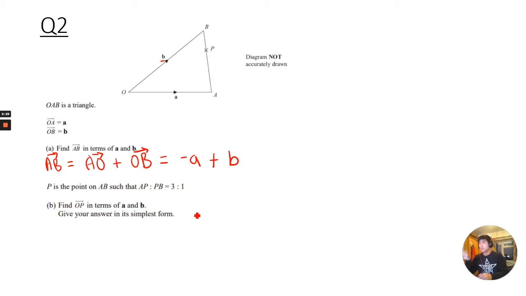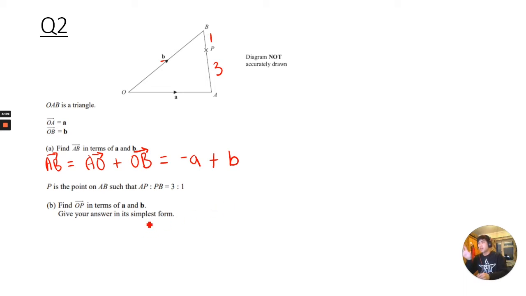Okay, so the next part says P is on the line AB such that AP to PB has the ratio 3 to 1. So I know that AP here is going to be 3 times as long as PB, which is 1 here.